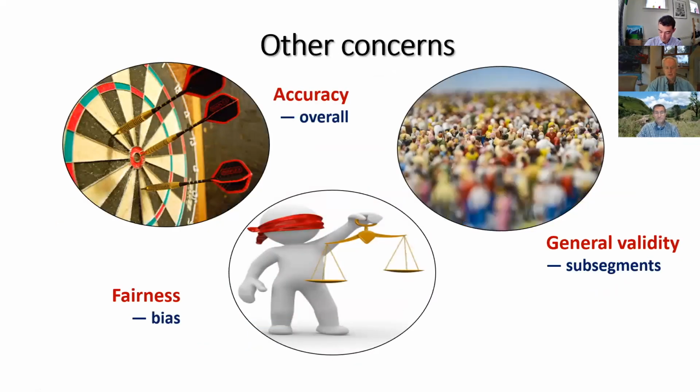The other concern overall is that it's one thing to have the ranking ability on the case-by-case level or get the probabilities right, but you also want to know, are we getting the right numbers at the portfolio level? Also, does it work across the board for all of the subsegments?